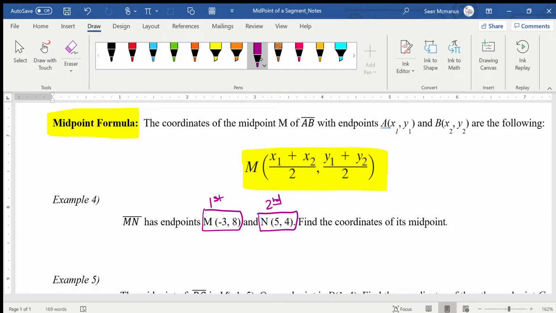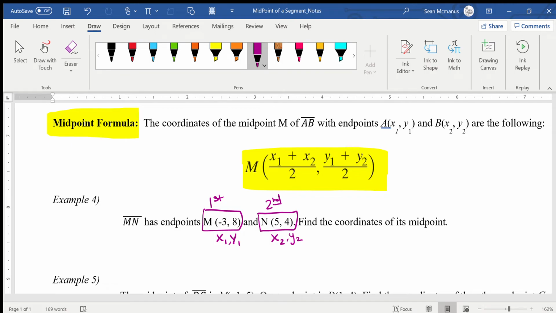And that means this right here, -3, is going to be x1, and the 8 is y1. It's the x coordinate of the first point. 8 is the y coordinate of the first point. And here 5 is the x coordinate of the second point, and 4 is the y coordinate of the second point.